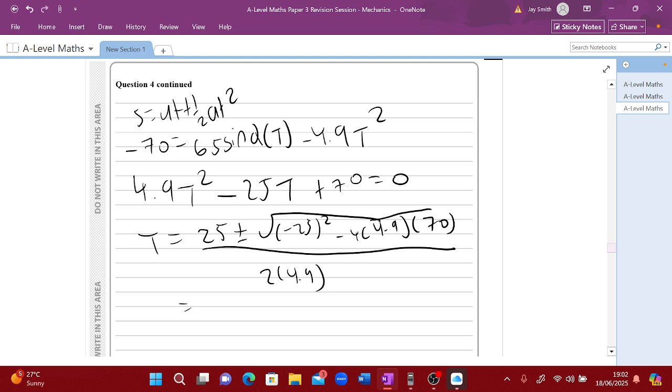Oh, what's going on here? Oh God, I get an imaginary number. Oh dear. Oh, that's why this is minus 70.